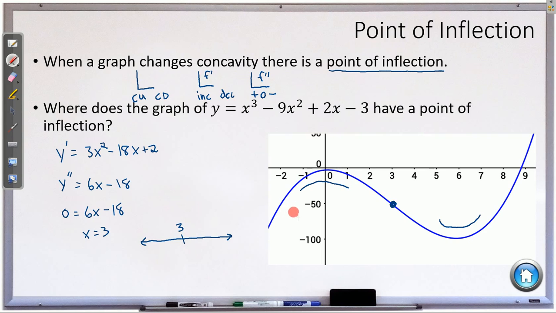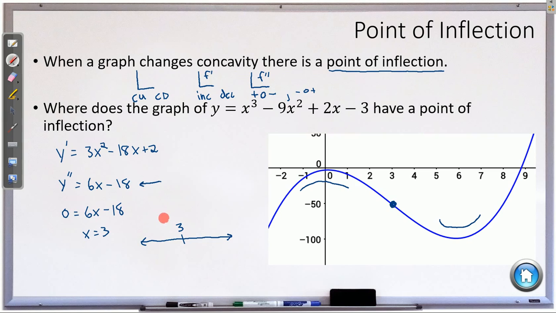Does this equation actually change concavity? So now you're going to plug in numbers to the left of 3 and to the right of 3, but you're going to plug them into the second derivative to make sure the second derivative changes sign. Now we could go from positive to negative, or we could go from negative to positive. We don't really care. Whichever one it is, you're going to have a point of inflection.